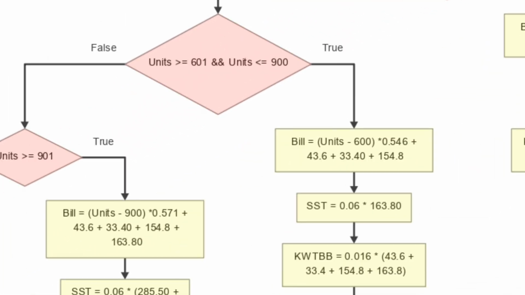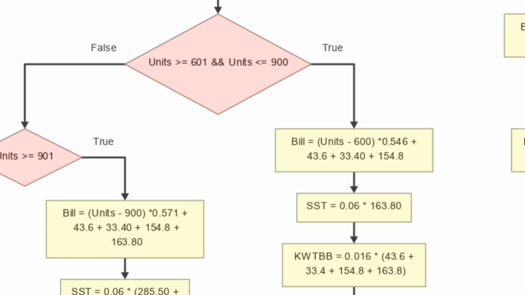Fourth tariff block. The electricity consumption exceeding 600 units will be tariffed in the fourth stage, but limited to 300 only. The tariff rate in this block is RM 0.546 per unit. If the electricity consumption is fully used in this stage, the total rate is RM 163.80.